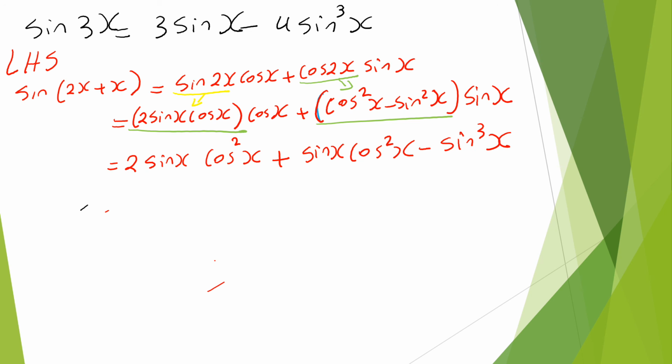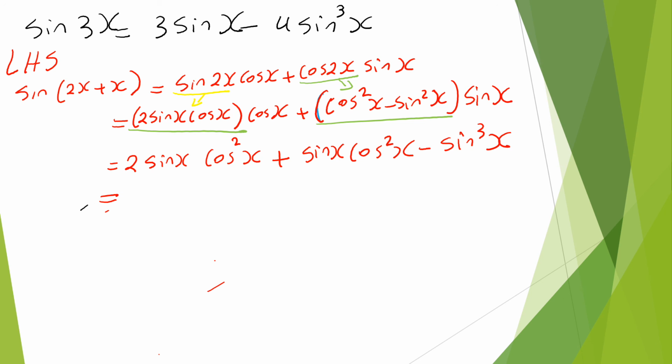Okay, so you can see you've got the sine 3x. Now we've got everything in x. I don't have any cosine here on the right hand side, so I'm going to change the cosine square into sine, because the right hand side only has sine.